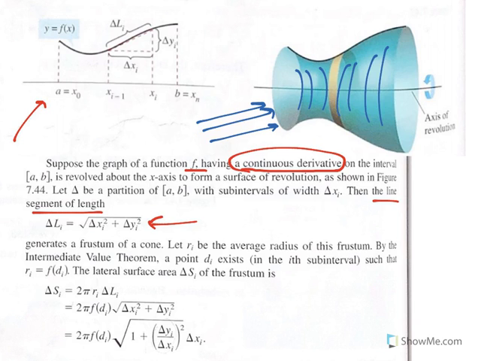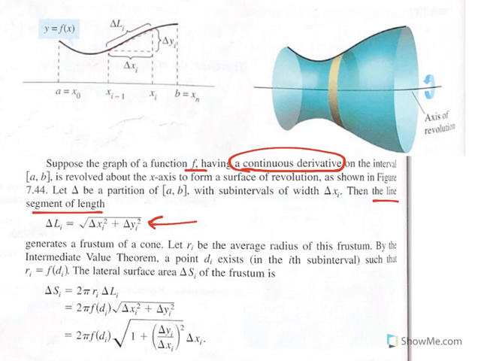We will approximate the area of this surface of revolution by using the formula that we know from geometry. But to apply that, we have to say, okay, let's begin by approximating our curve with a number of line segments. For example, you could have one line segment here, a second line segment here, a third line segment here.